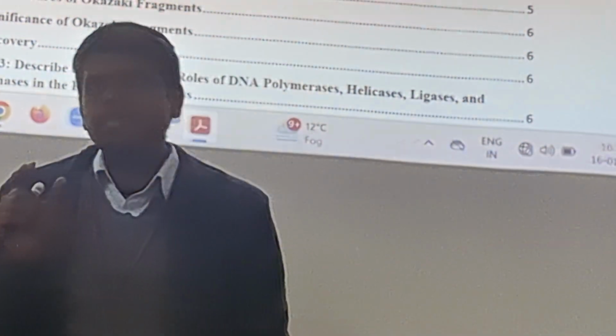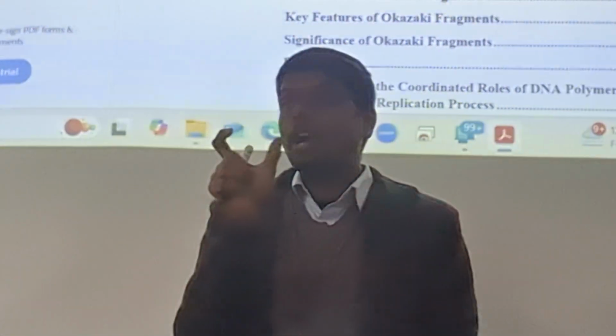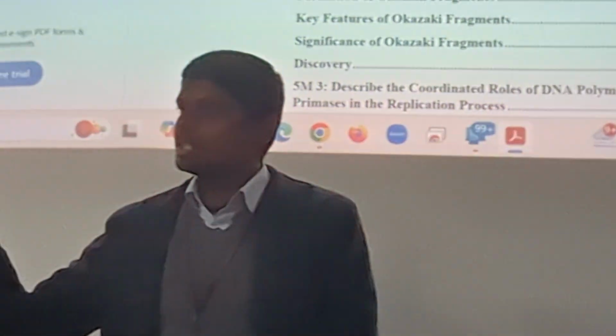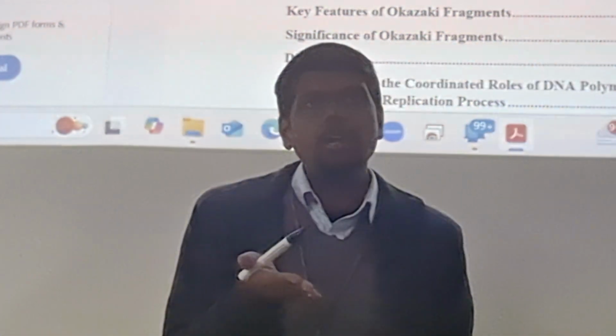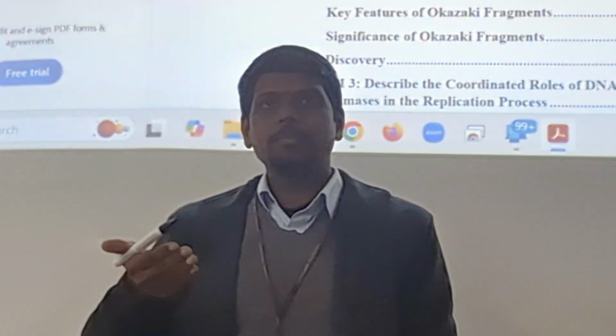So what is the difference between a gene and a DNA? How would we recognize the gene sequence from the DNA sequence? Because DNA also has ATGC base pairs, and a gene also has ATGC base pairs. So how to recognize a gene?